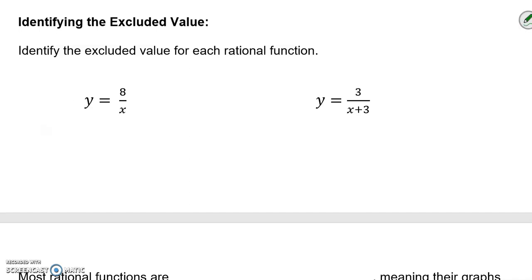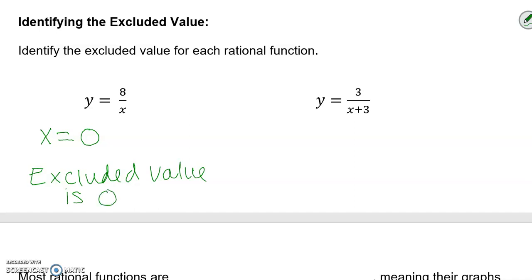So here we set our denominator equal to 0, so we get x equals 0. So our excluded value is 0. Over here we'll set our denominator equal to 0, so we have x plus 3 equals 0.